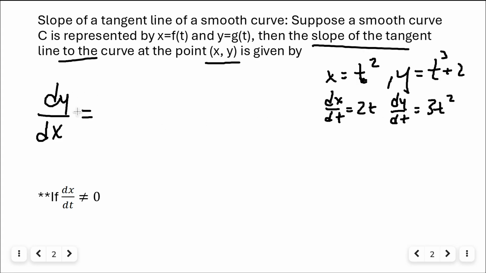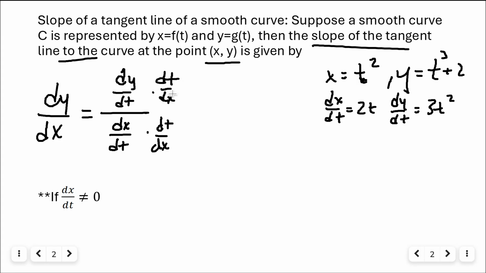Now, to find dy dx, if I were to take dy dt and divide by dx dt, don't I get dy dx? Right? If I wanted to flip this over and multiply it up there, I'd be multiplying by dt over dx. And then the dt's would drop out, and I end up with dy dx.